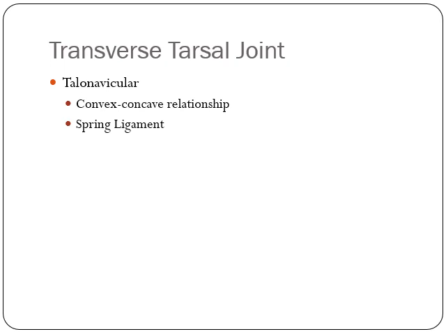You have the talonavicular joint, which very much resembles a ball and socket joint. It doesn't operate the way a classic ball and socket joint works with the range of motion, but it does resemble and has the structure of a ball and socket joint.